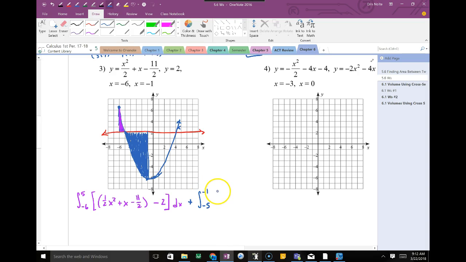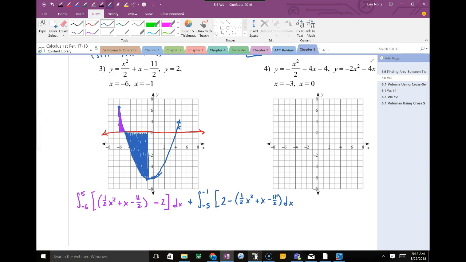Okay, and on the blue region, which function is on the top? The 2. The 2. And then I have to subtract 1/2 x squared plus x minus 11 halves. Everybody get that? Dx.